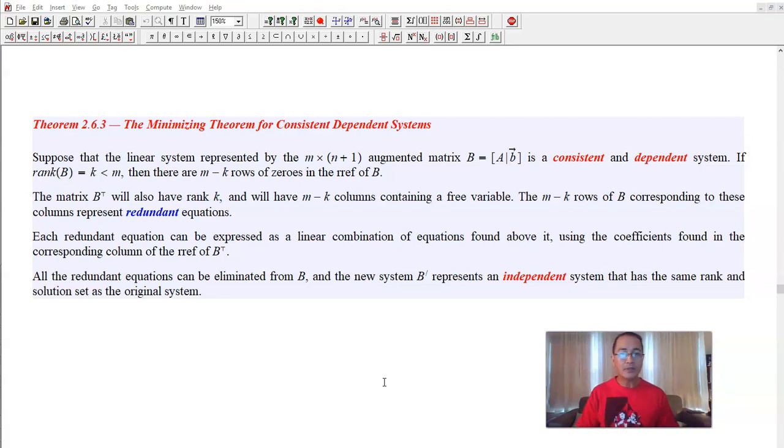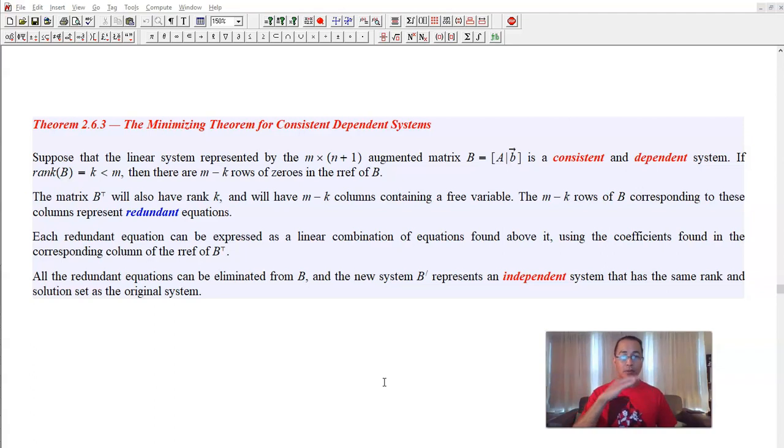Take the transpose of this augmented matrix, B transpose. By the dimension theorem, we know that the rank of the transpose is the same as the rank of the original matrix. So B transpose will have rank k as well, but this time we will have m minus k free variables, not rows of zeros, but free variables.